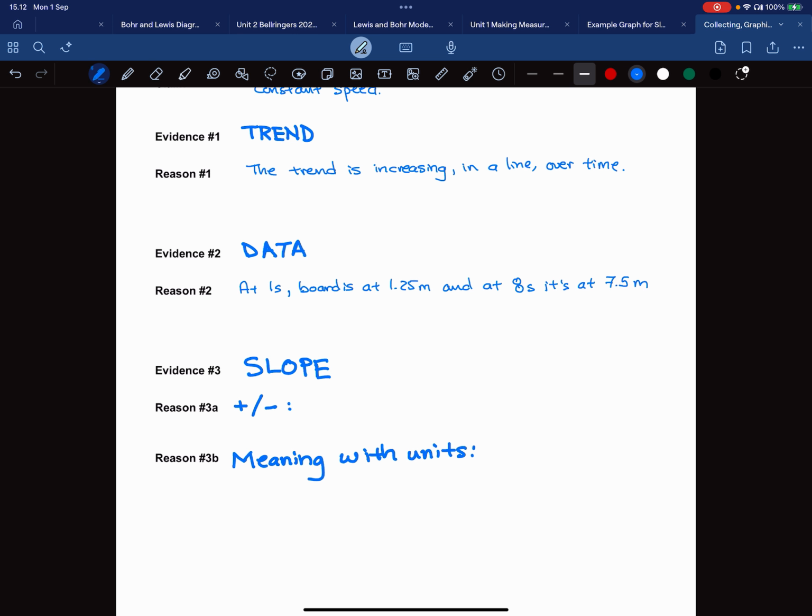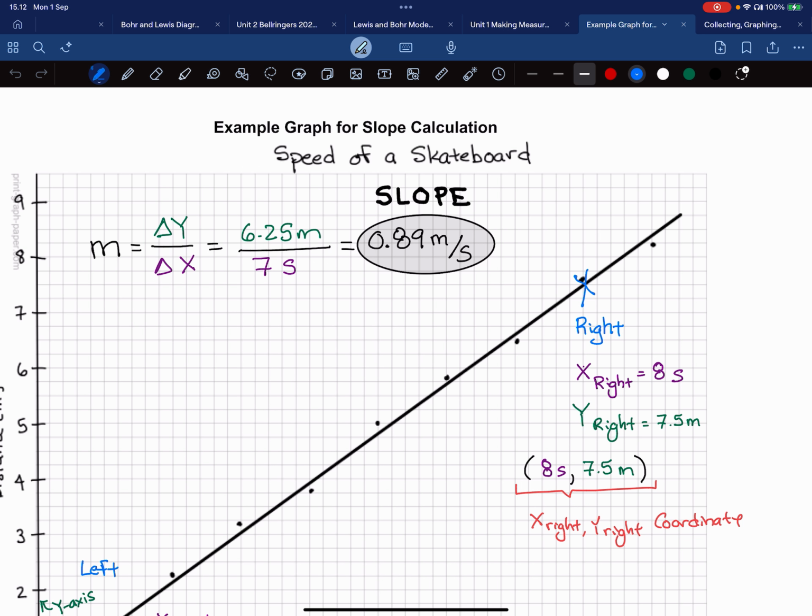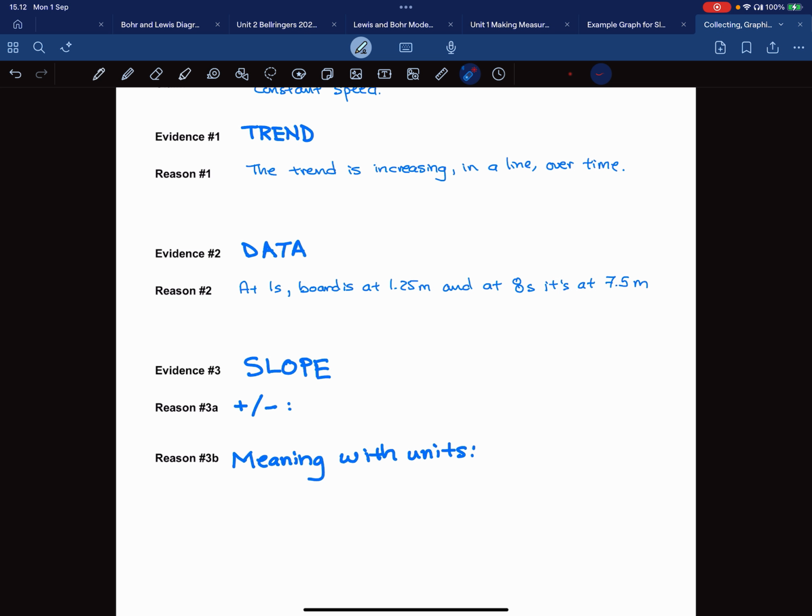So clearly, the slope is positive, right? Moving up was a positive sign, slope is positive. The slope of the line is positive, 0.89 meters per second.